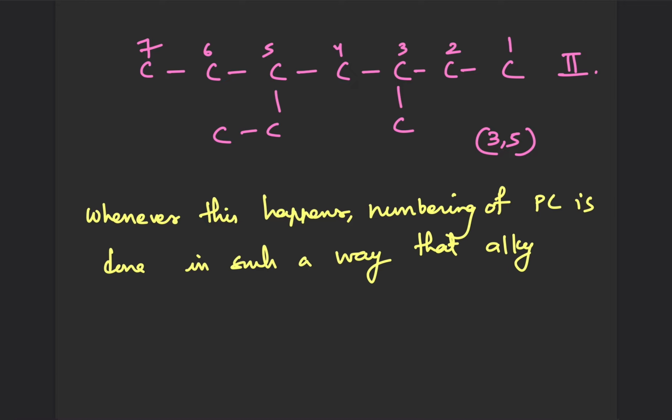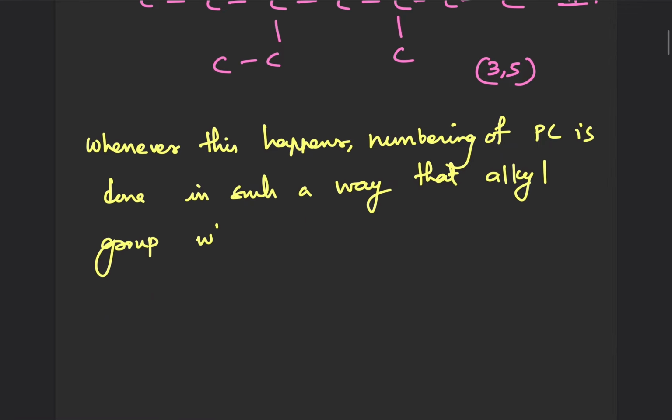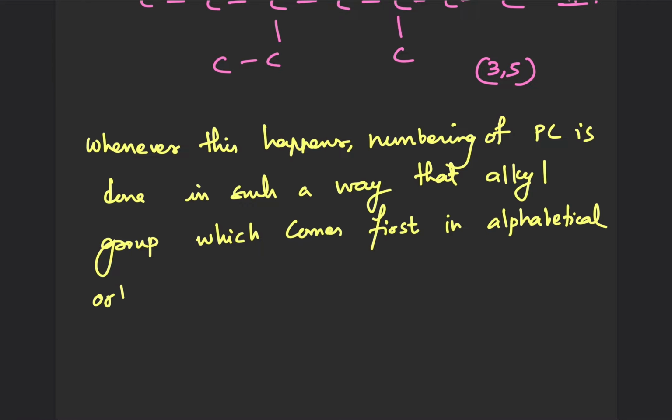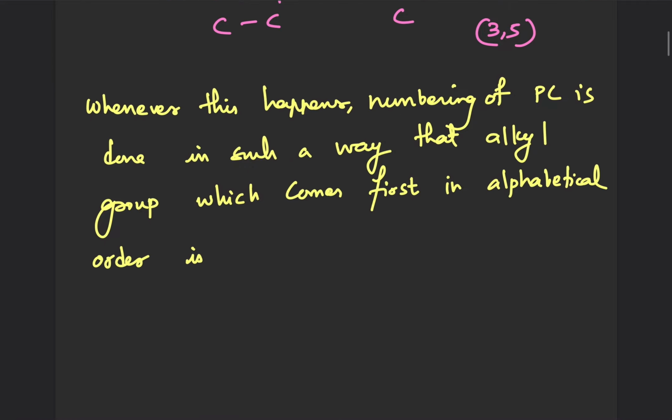That alkyl group which comes first in alphabetical order gets the lower number.